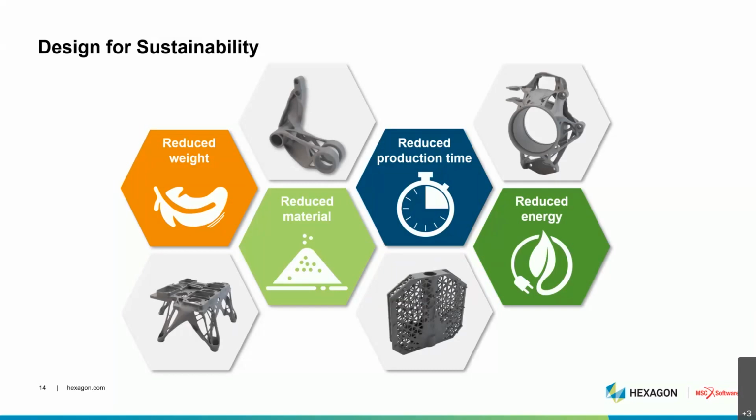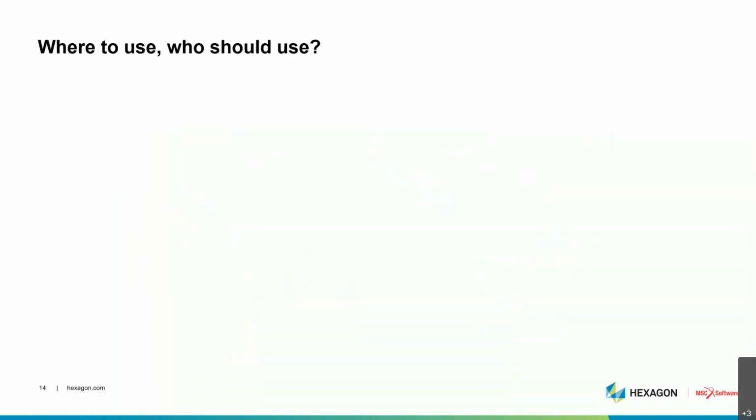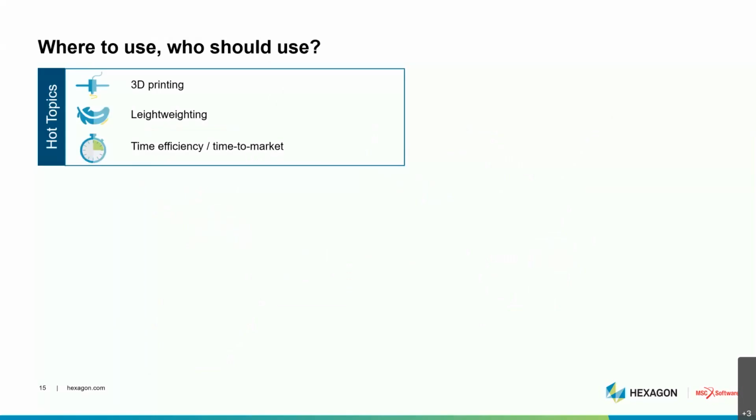So if I talk about aerospace, manufacturing technologies, automotive, etc., what is this software the right thing for? Where should we use it, and where and who? So there are three hot topics.